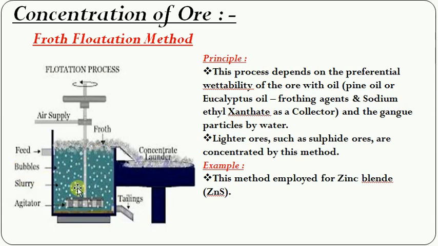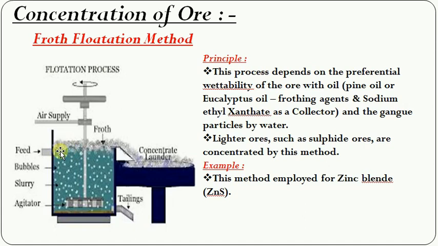What happens? The collector molecules combine with the ore particles, lighter sulfide ore particles, and make them water repellent and quickly combine with the pine oil taken in the tank. When you rotate this agitator, when you agitate this whole mixture, it creates bubbles. So the lighter particles are usually taken up to the top on the surface of the water.